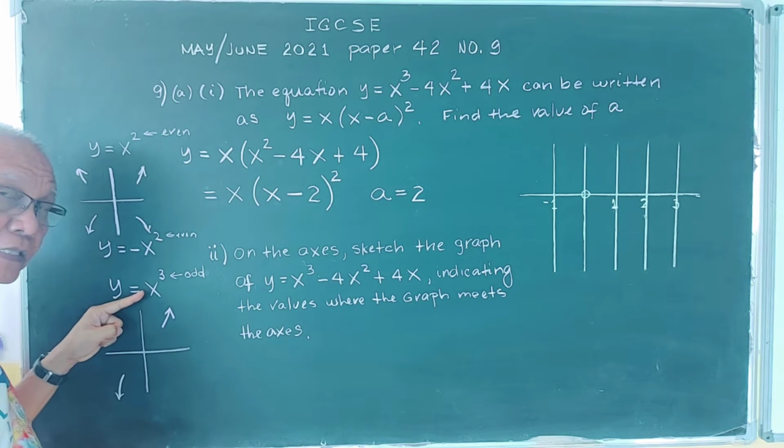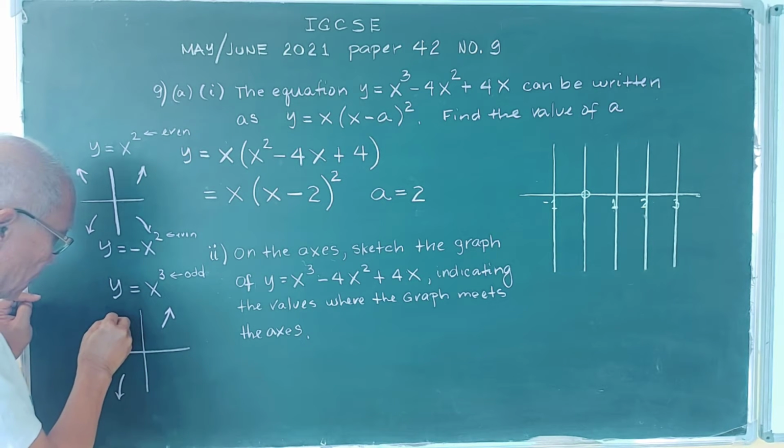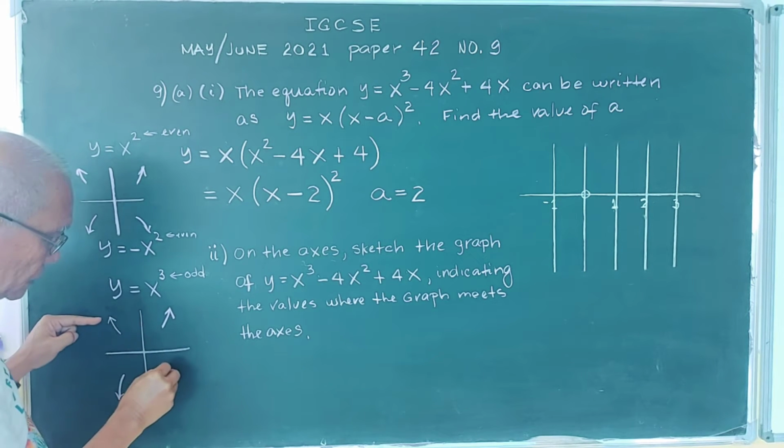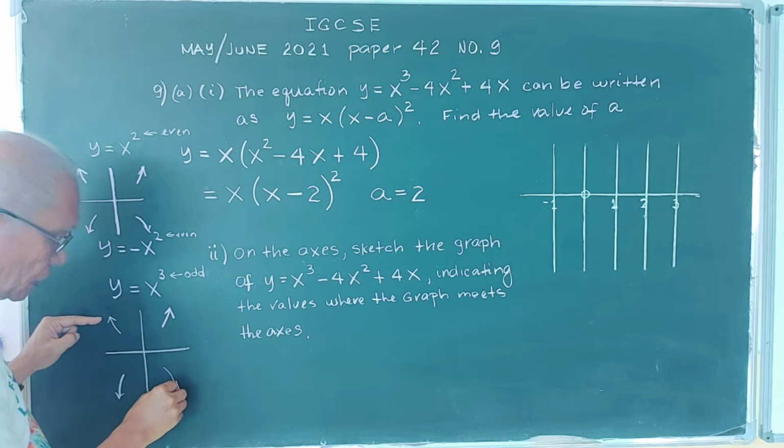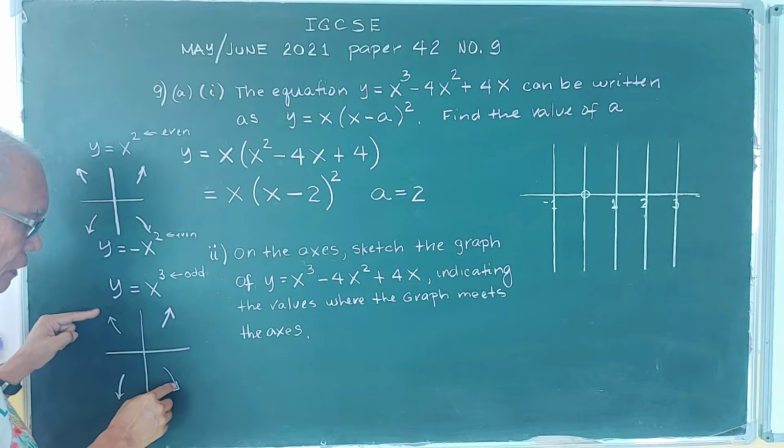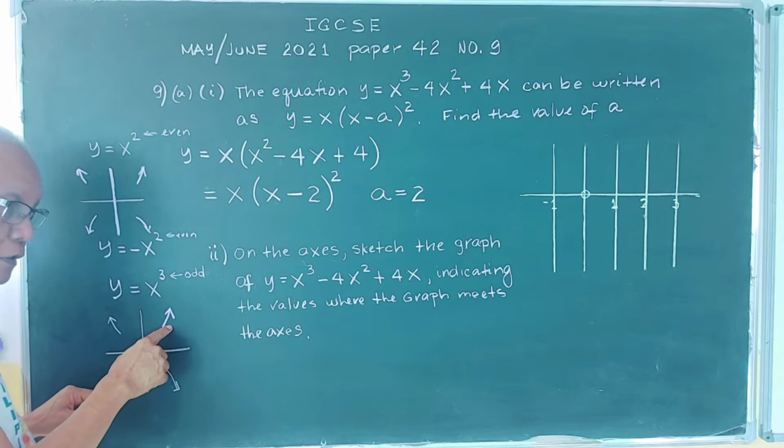If this one is negative, then the left one will go up here, and the end behavior here, on the 4th quadrant, will go down. This one is for negative, this one is for positive.